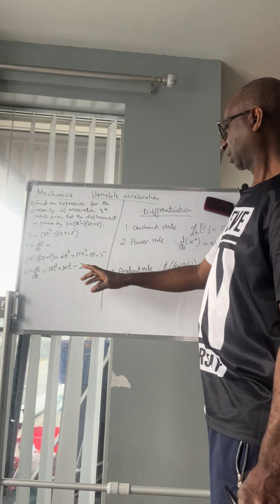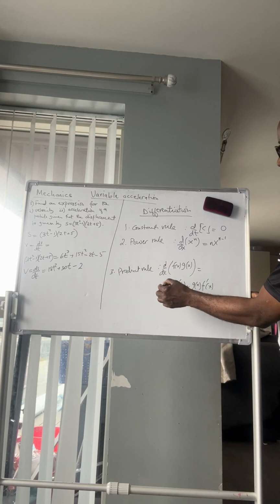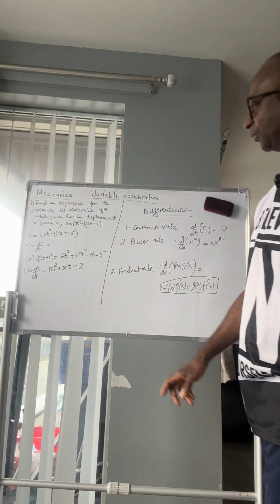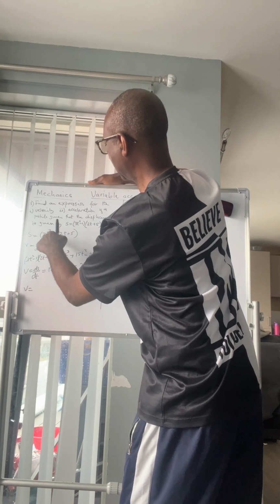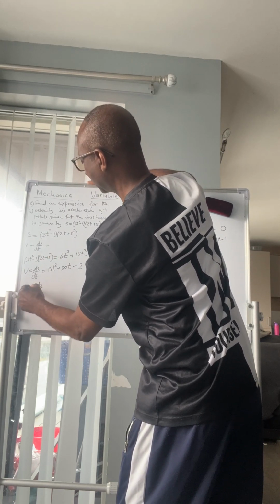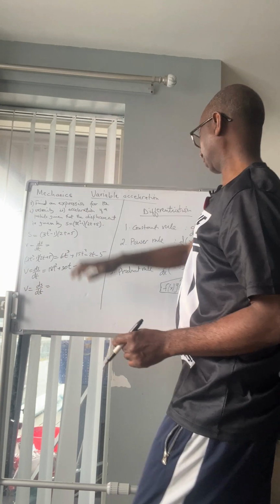Now, let's use the product rule. This is the rule we're going to use to solve this problem. V is equal to the velocity you are looking for, ds/dt, using the product rule.